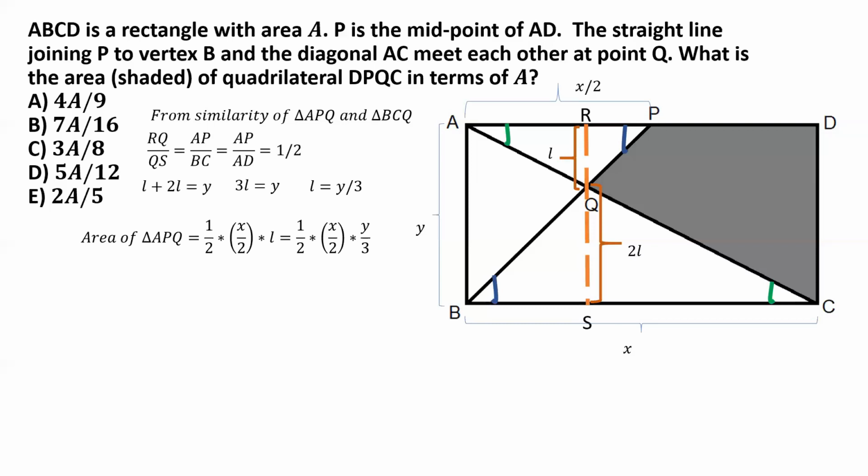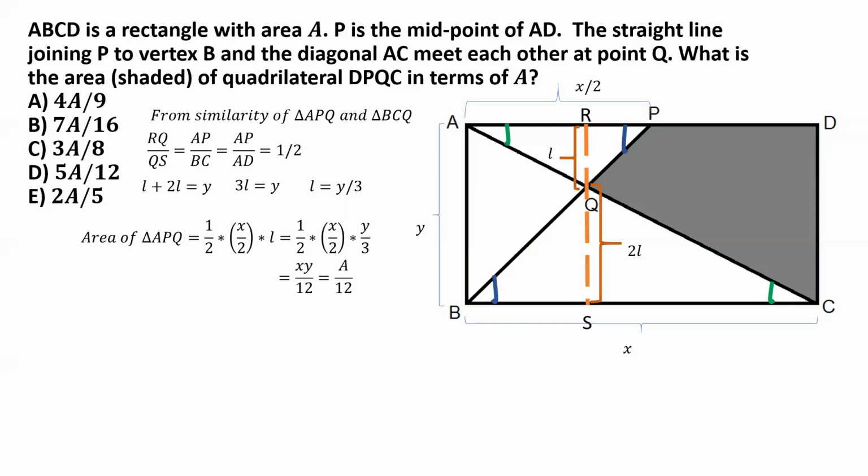So what's the area of triangle APQ? You know that the area of a triangle is half base multiplied by altitude. The base of the triangle APQ is X by 2 and the altitude is L. So the area of triangle APQ will be half multiplied by X by 2 multiplied by L. And we have already found what L is in terms of Y. So we can substitute L as Y by 3, and this comes to XY by 12.